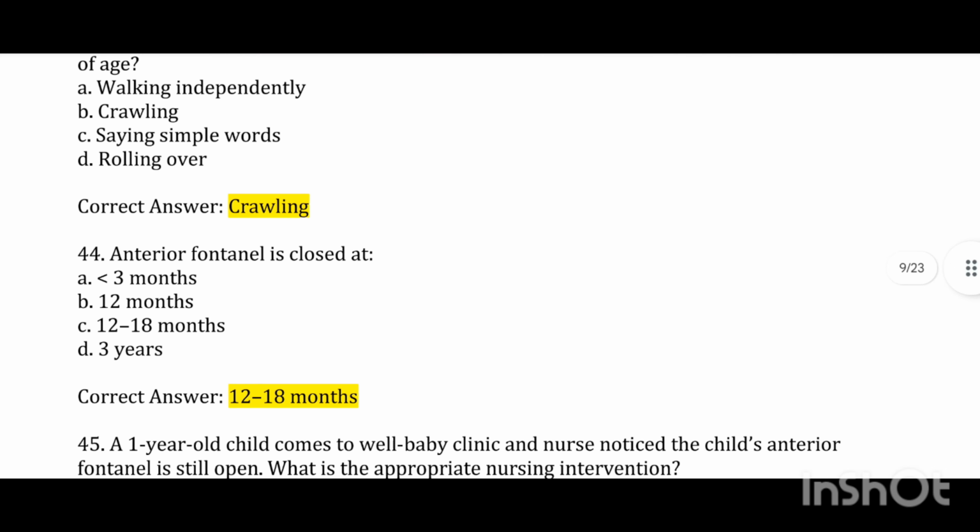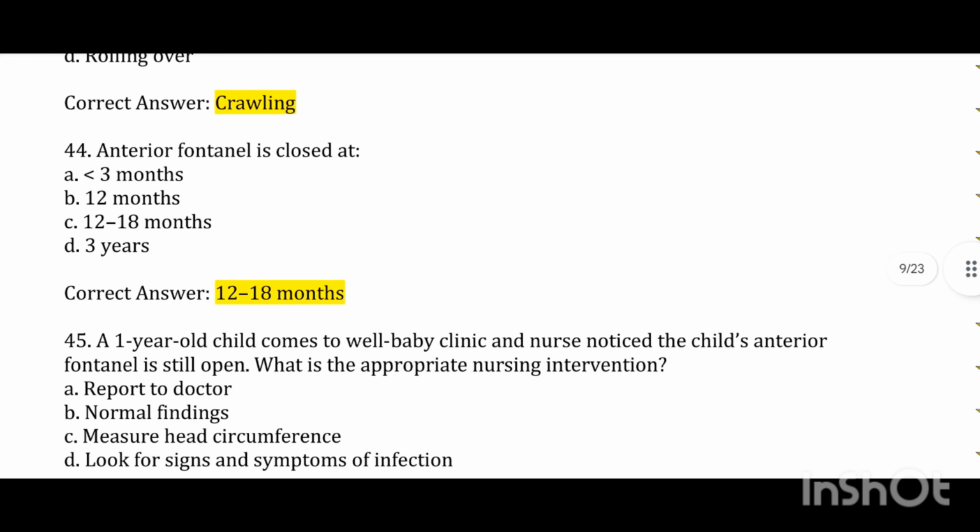Next is question number 45. A 1-year-old child comes to the well baby clinic and the nurse notices the child's anterior fontanelle is still open. What is the appropriate nursing intervention? Options are report to doctor, normal finding, measure head circumference, look for signs and symptoms of infection. I repeat this question because it's a very important and tricky question.